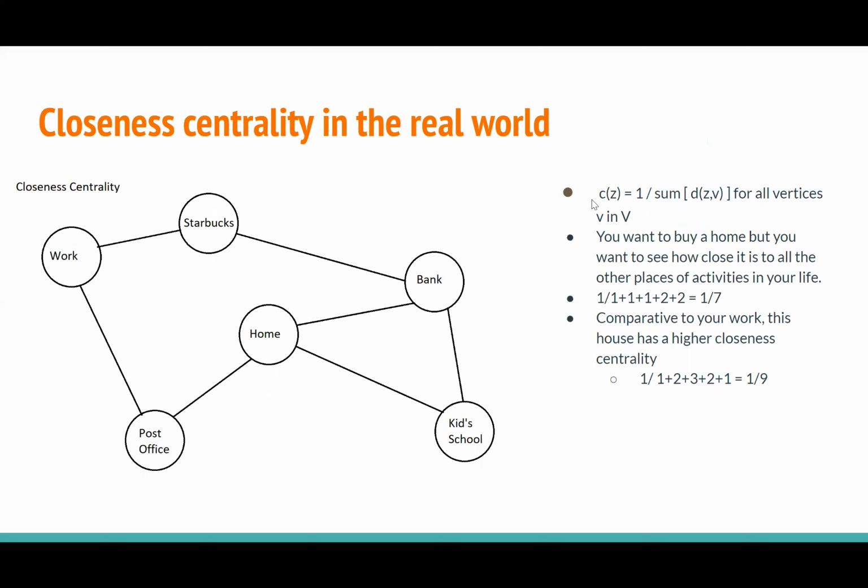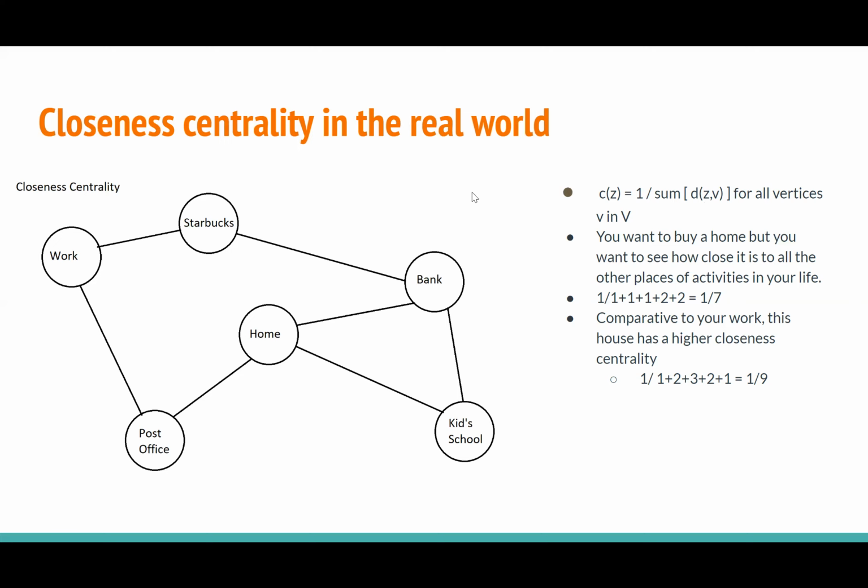But first, the equation for closeness centrality is C of Z equals 1 over the sum of D of Z V for all vertices V. Essentially, D Z V are the shortest paths from V to Z, so any vertex Z to every other vertex in the graph. The sum of those, and 1 over the sum of those.